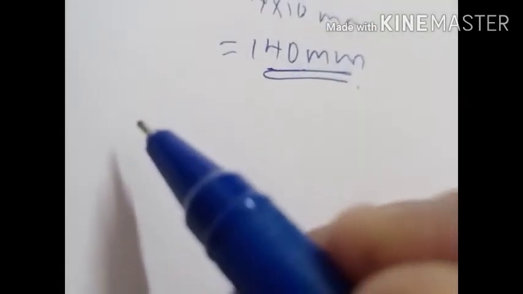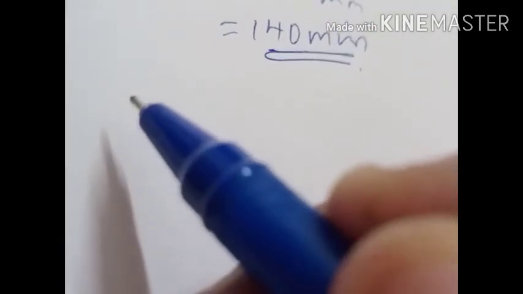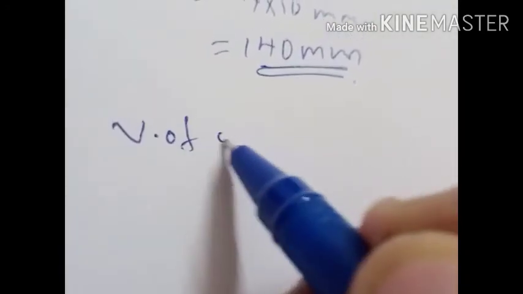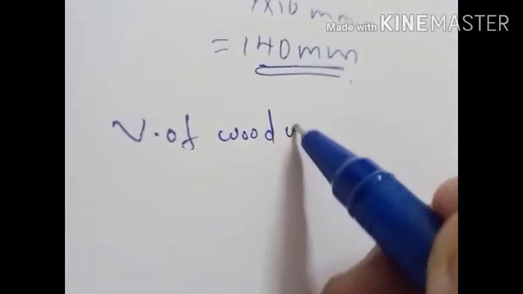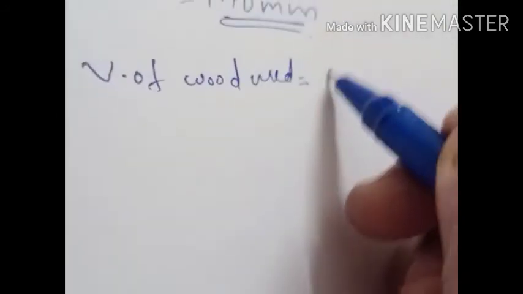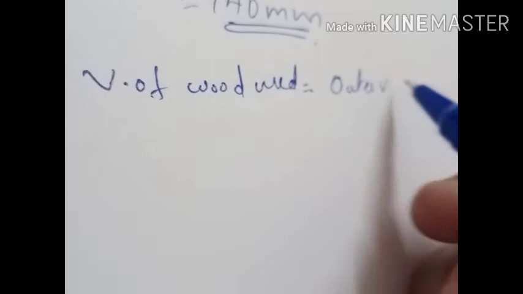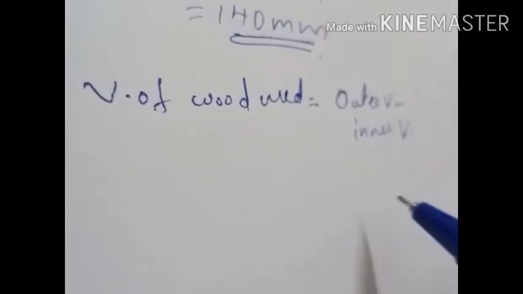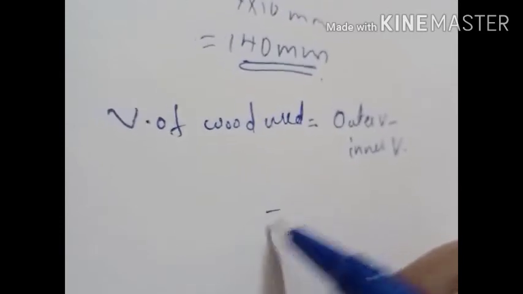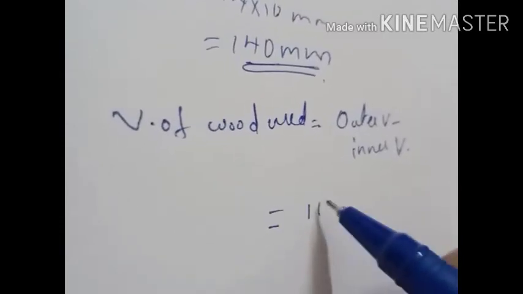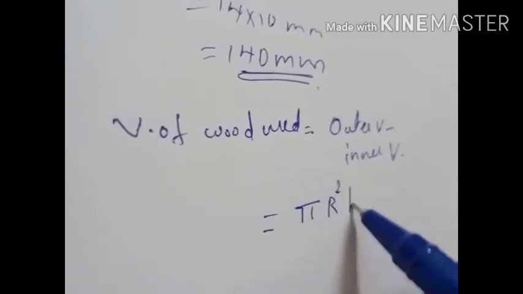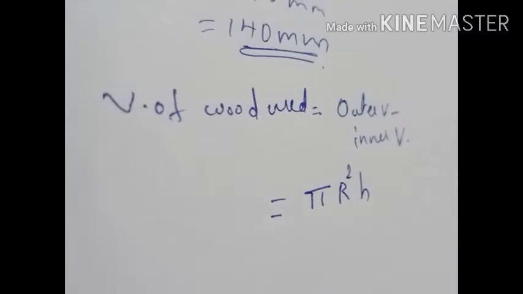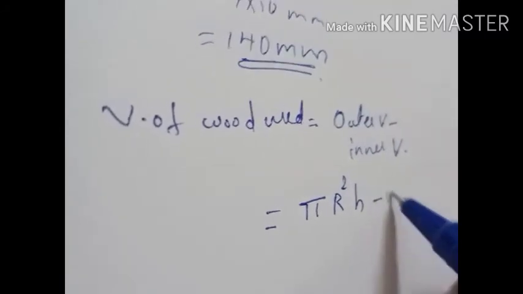Now we have to find volume of wood used. So volume of wood used is equal outer volume minus inner volume. That is equal pi r square h, this height is common for inner and outer, minus pi small r square h.